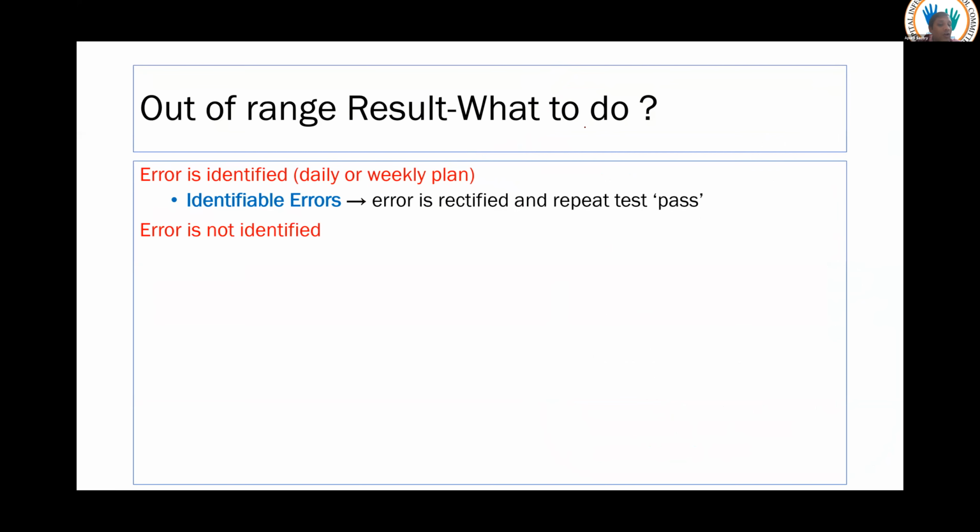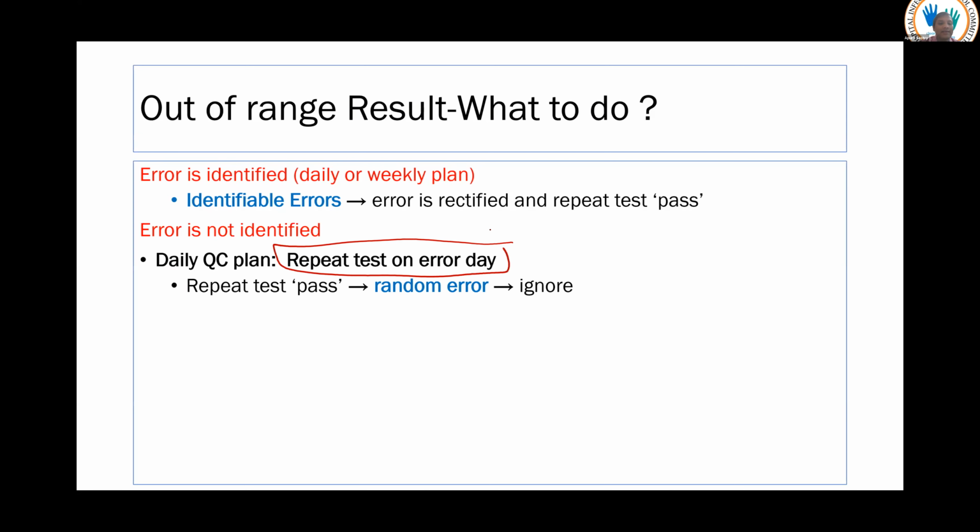If the error is not identified, then on a daily plan the rule is to repeat the test on the error day. If the repeat test passes, it is called a random error, and you can ignore this and resume the daily plan, because you are already running a daily plan.